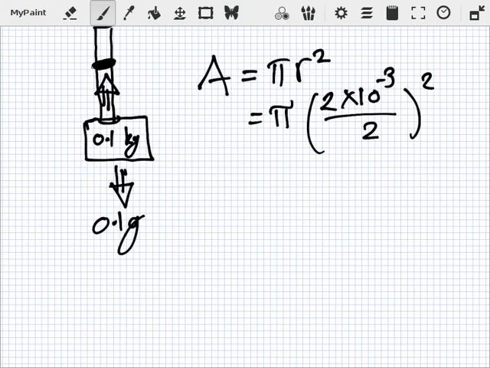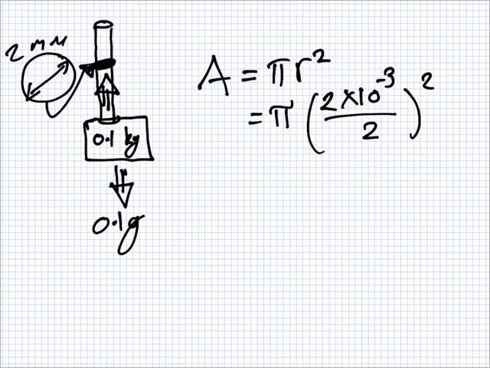Yeah, because in the question I tell you that it's a 2 millimeter thick wire. So the area is 3.142 times 10 to the minus 6 meters squared.